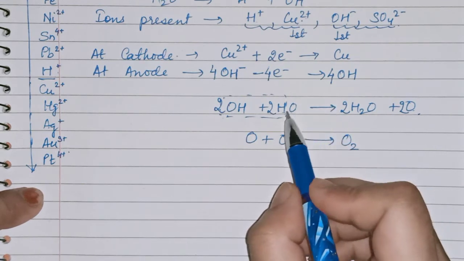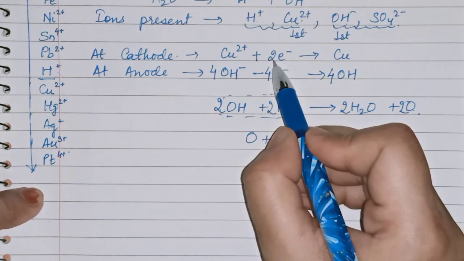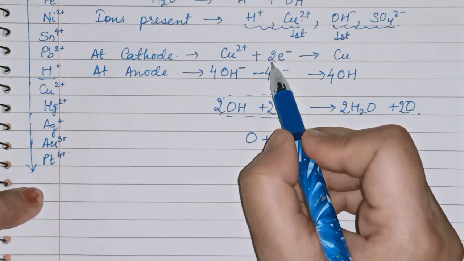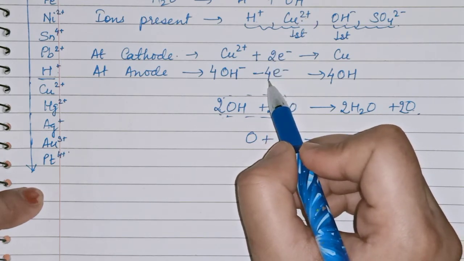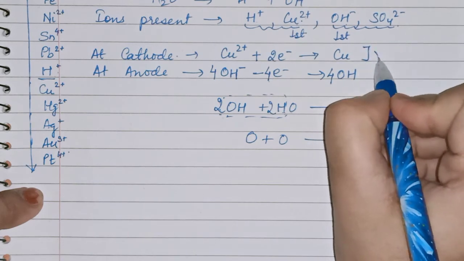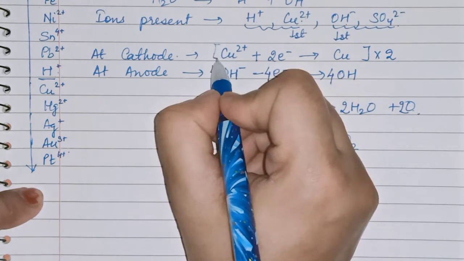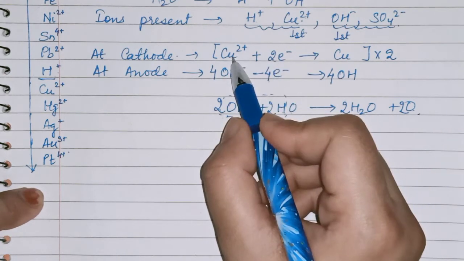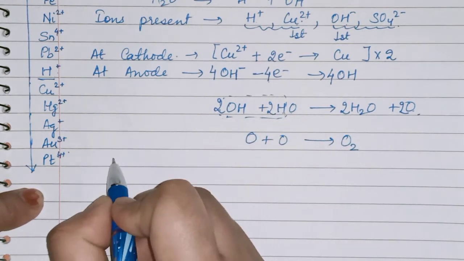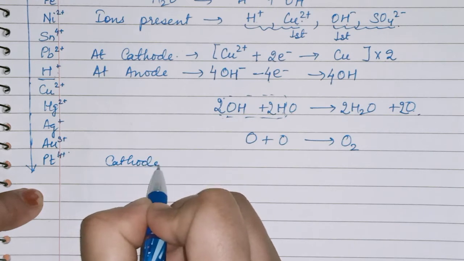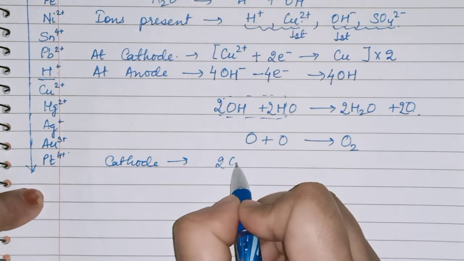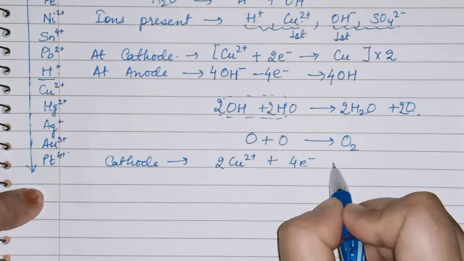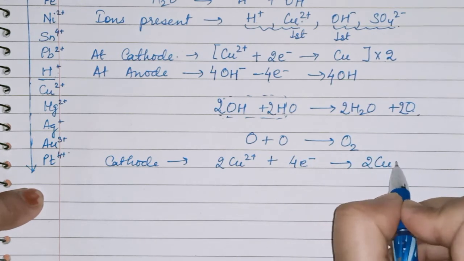Now children, one important point you have to note: the electrons gained or lost will always be equal. So here it is 2 and here it is 4. So you have to multiply this equation by 2. Then only the electrons will be balanced. So the cathode equation will become 2Cu2 plus plus 4 electrons gives 2 Cu.